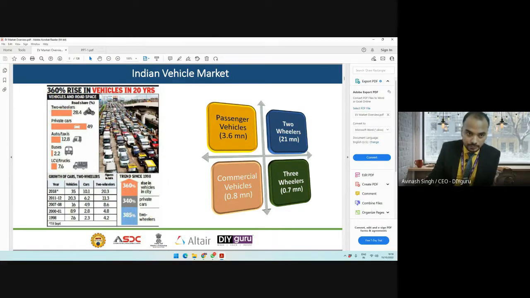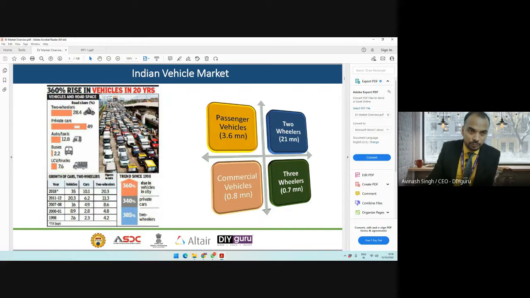So this we are talking about, let's say, in a whole 1 kilometer area, if I see how many vehicles there are, what is the number of total vehicles there, and what is the contribution of two-wheelers in that particular road share, right?